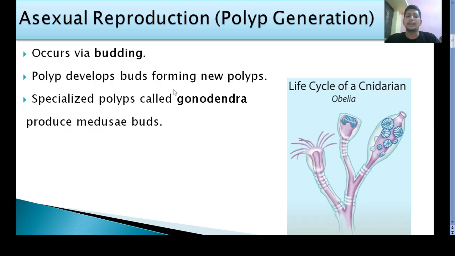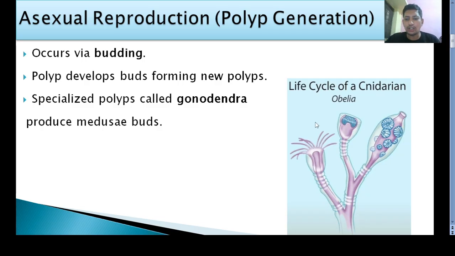So here the polyp develops small buds, and they form new polyps. Imagine a polyp producing new buds on its surface, and they form the new polyps. Some of these new polyps get specialized and produce the medusa. You can see this picture.